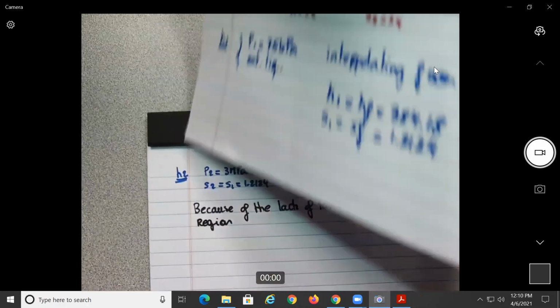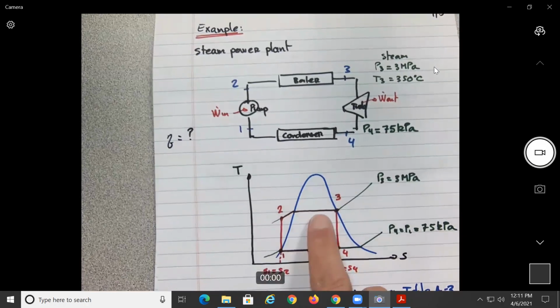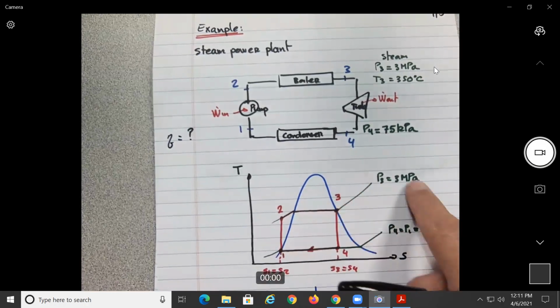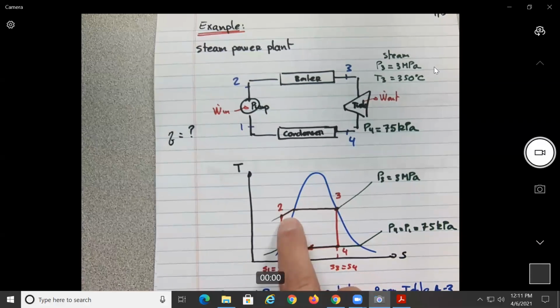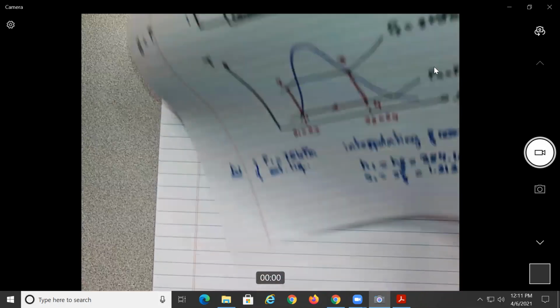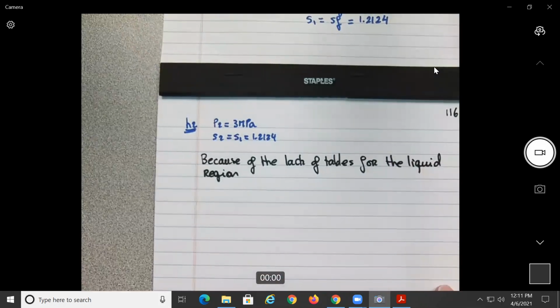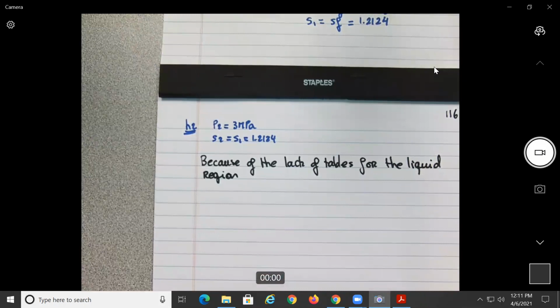So basically, we have a table specific to this one and specific to this area, no? We have a table here. If we have the temperature, we can approximate it because this does not change much. But since we have the pressure, it doesn't help at all. So what we can do is as follows.